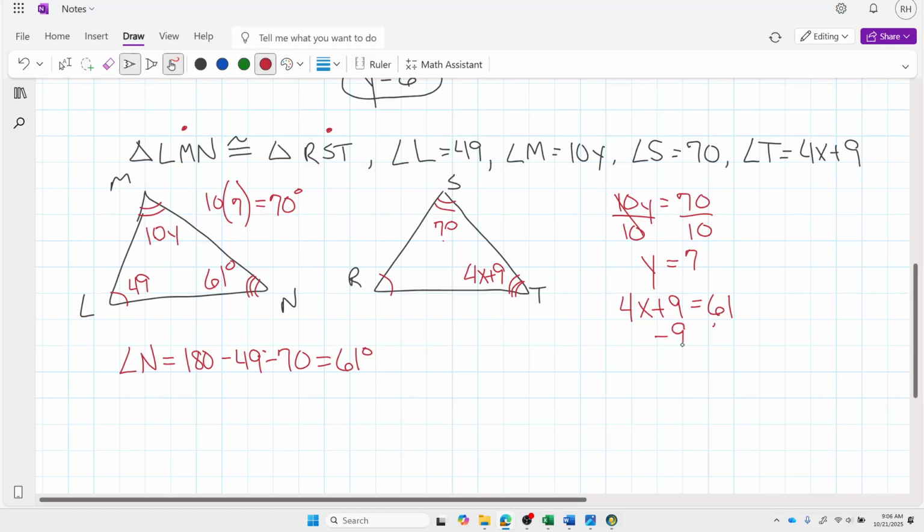Subtract 9 from each side. 4X is equal to 61 minus 9, which is 52. And then divide each side by 4. X equals 13. So there's your value of X and your value of Y. Any questions on that one?